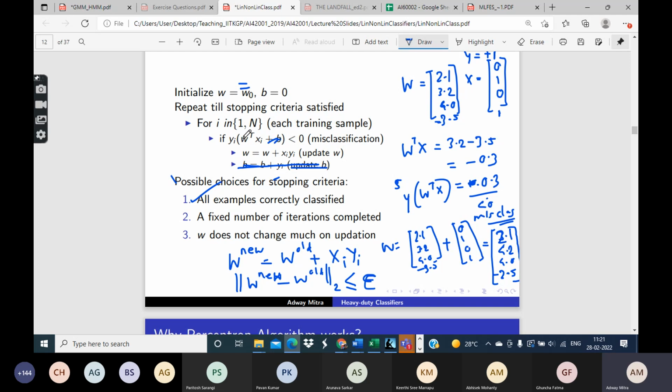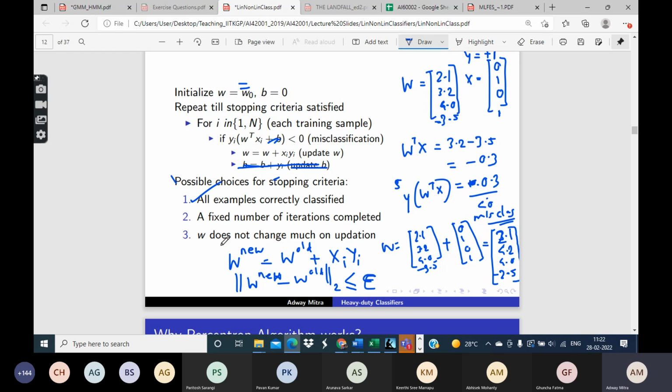So why do we not stop after making a single pass over all the data points? Whenever we make a mistake, I update W. When I update W, it's possible that the particular mistake has been rectified, but the points which I had seen earlier might not be classified correctly by the new value of W. That's a problem.